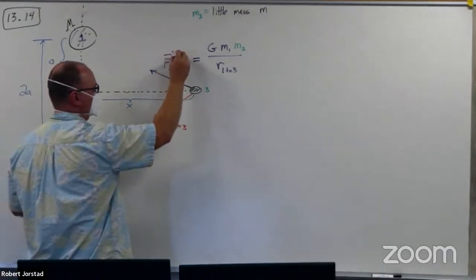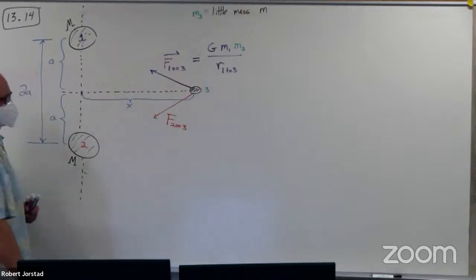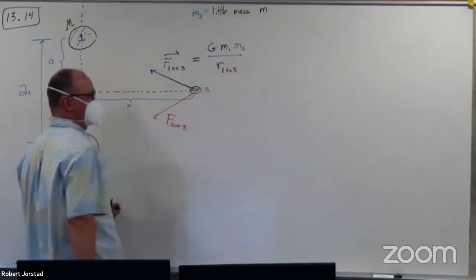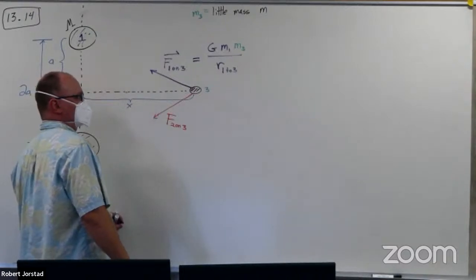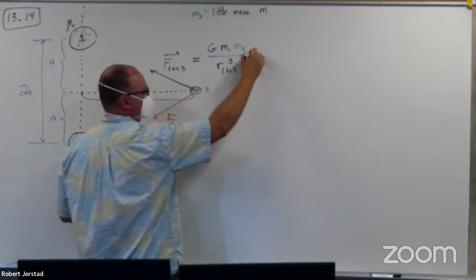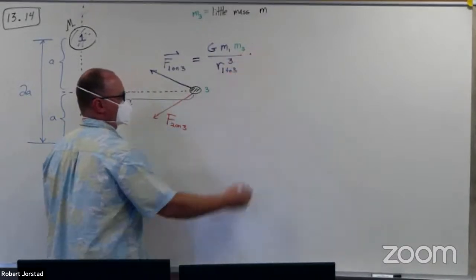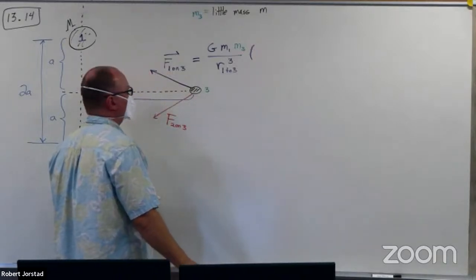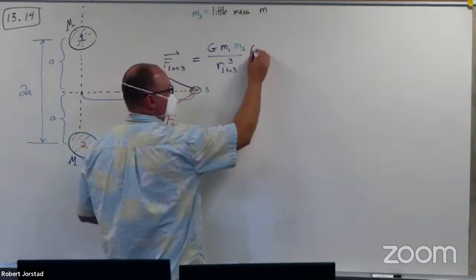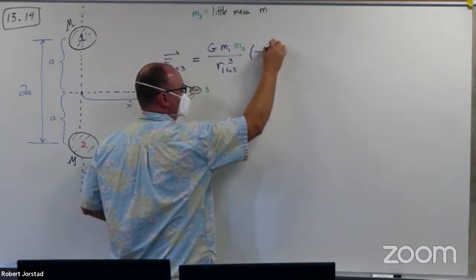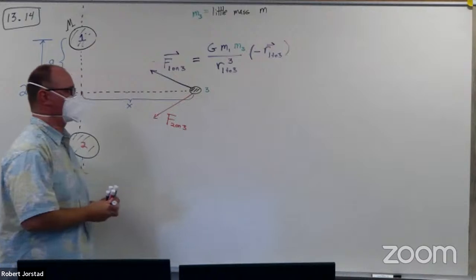If I want to do the force vector, do you want to do this as a squared or a cubed? Cubed? So if we cube the denominator, I need to multiply by what on top? Not quite. The magnitude. Negative the radius vector. You agree? Because it's got to be attractive.